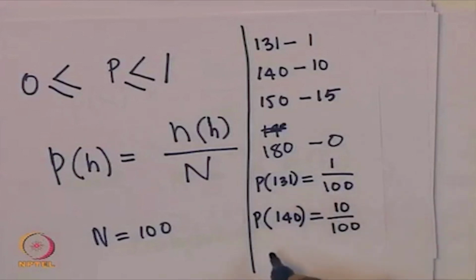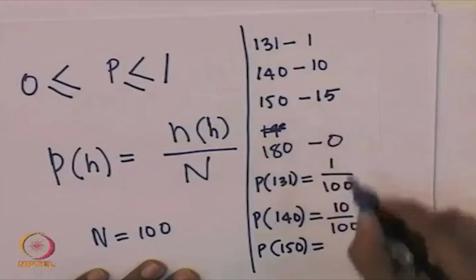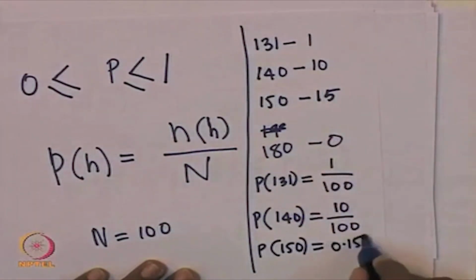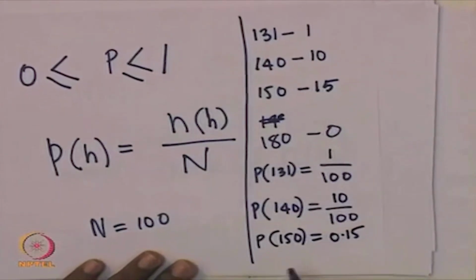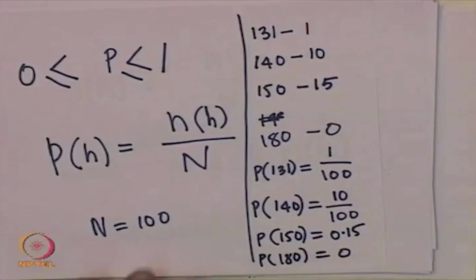So, P of 150 is 15 by 100, which is 0.15. P of 180 is 0, 0 by 100. So, probability P of h is some number between 0 and 1.